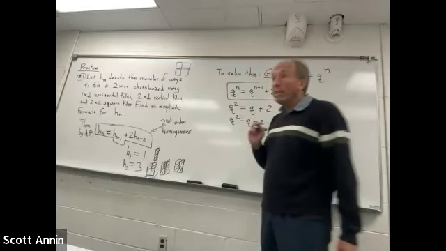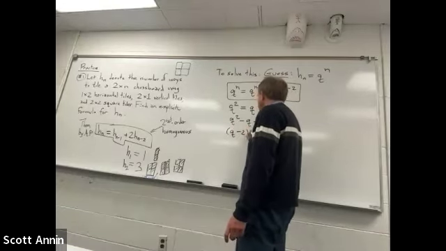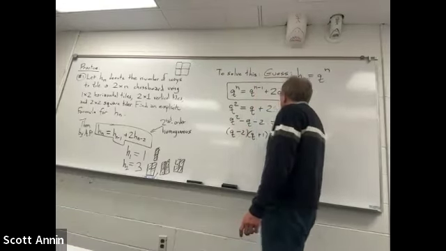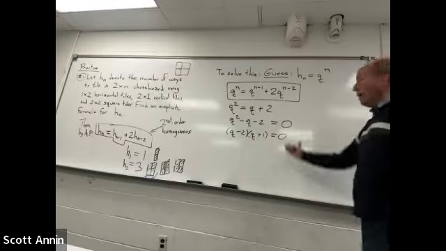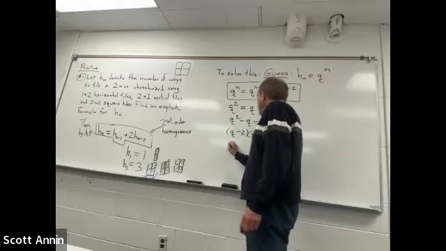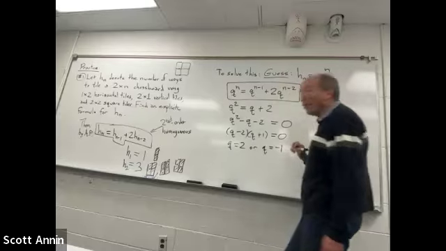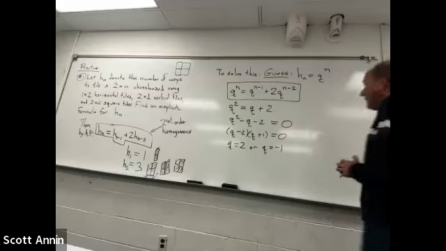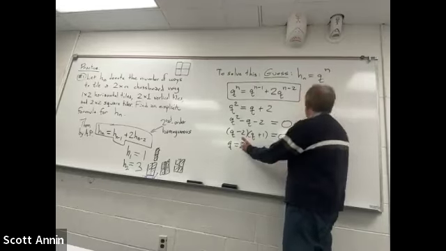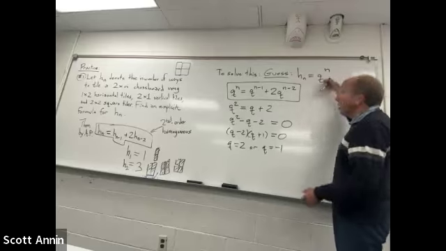In this case, we don't even really need the quadratic formula because this actually factors super nice, right? We see that it factors as (q minus 2) times (q plus 1). And so my roots here are 2 or negative 1. And the idea now is that we can create two different solutions here, 2 to the n or negative 1 to the n.